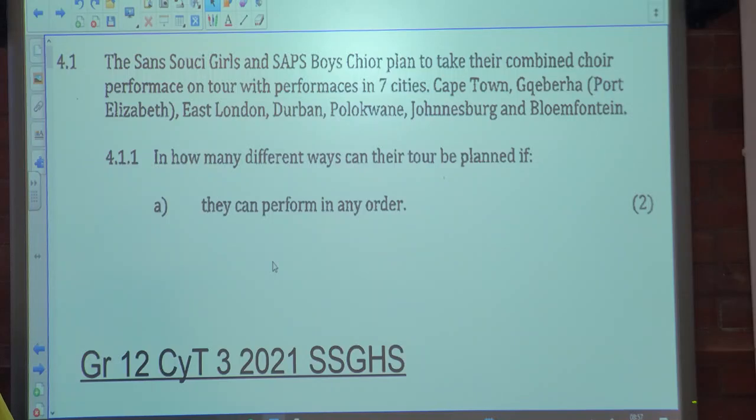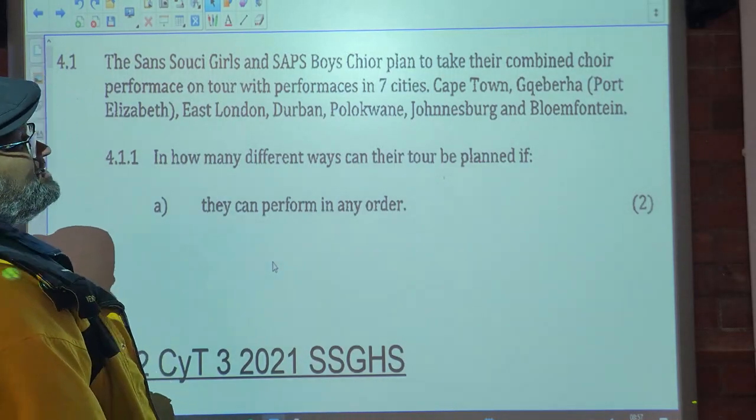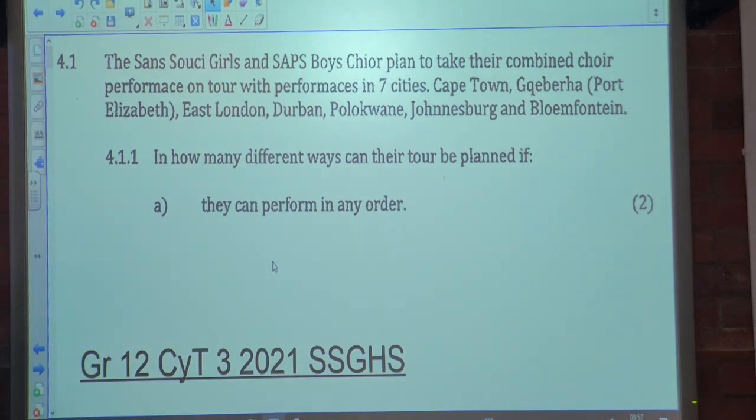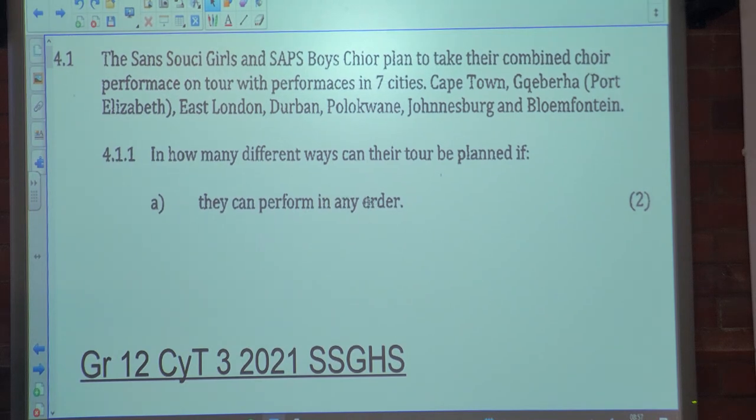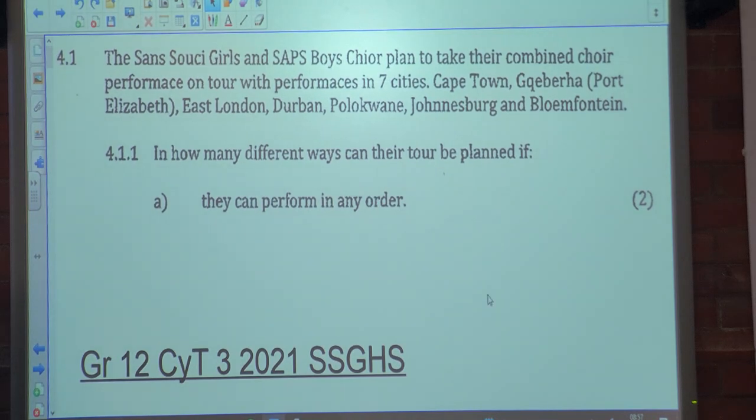That's why I put Port Elizabeth, just in case I get it wrong. East London, Durban, Polokwane, Johannesburg, and Bloemfontein. These are not the provinces, no? So you're looking at these 7 cities. In how many different ways can the tour be planned?